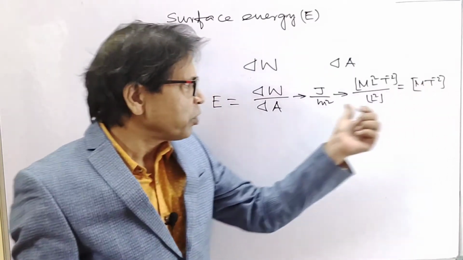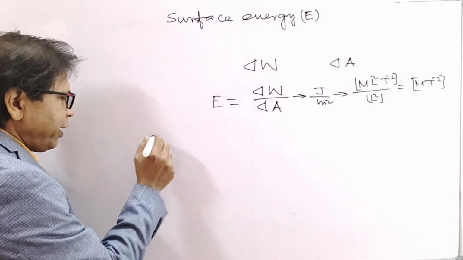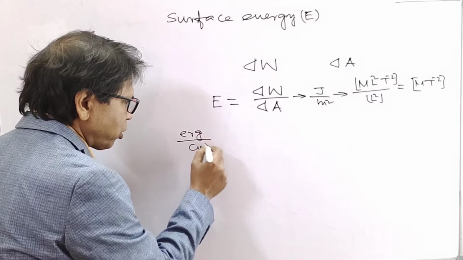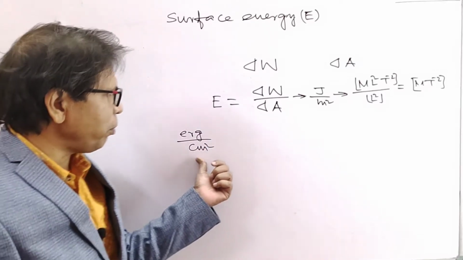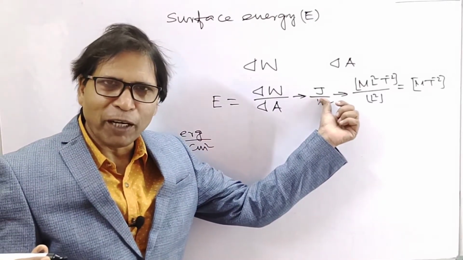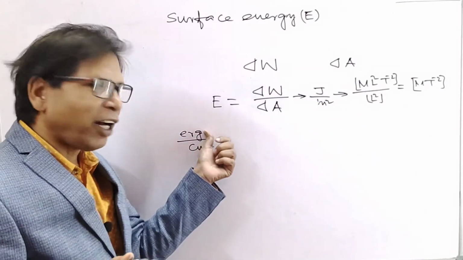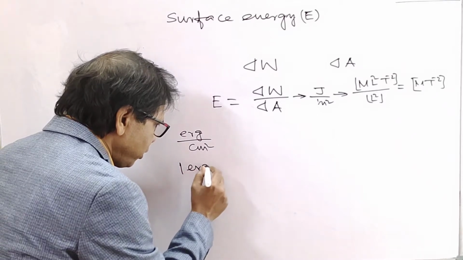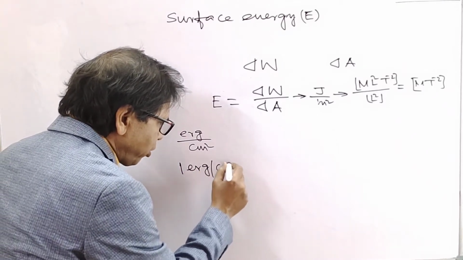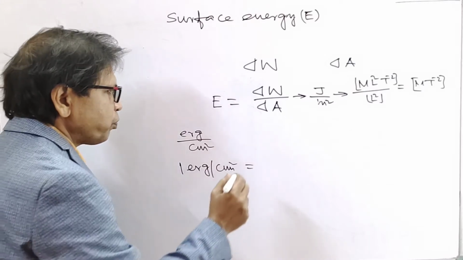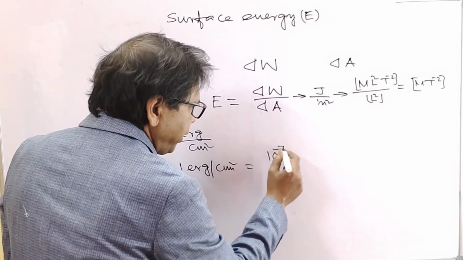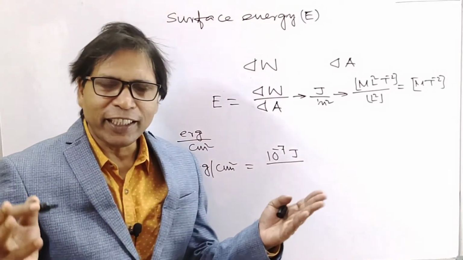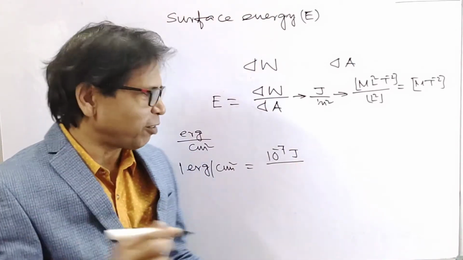Now its CGS unit. Its CGS unit is erg divided by centimeter square. Now we have to establish the relation between joule per meter square and erg per centimeter square. 1 erg per centimeter square equals 10 to the power minus 7 joule, and 1 centimeter square means 10 to the power minus 4 meter square.